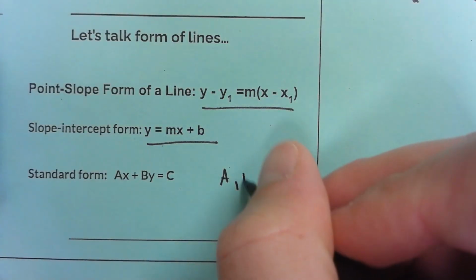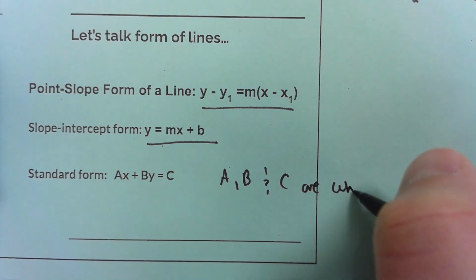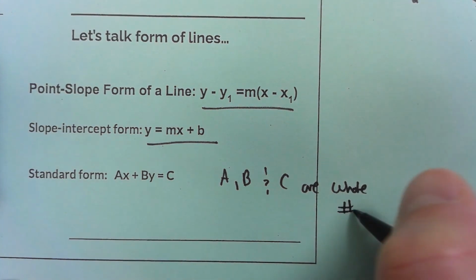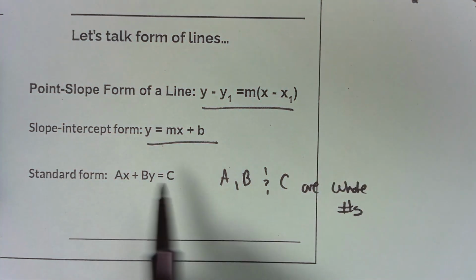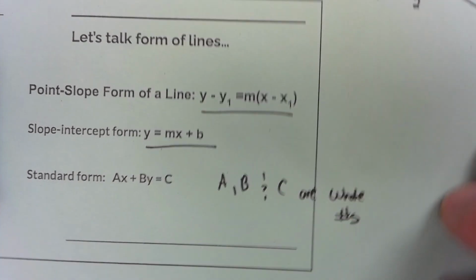So let's make a note of that, the A, B, and C are whole numbers. And there's a couple ways of how we're going to graph standard form. Let's look at both of those ways right now. And luckily, we've got a little bit more space for our graphs here.